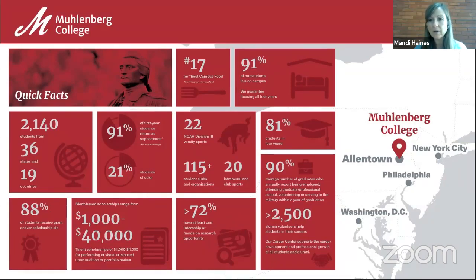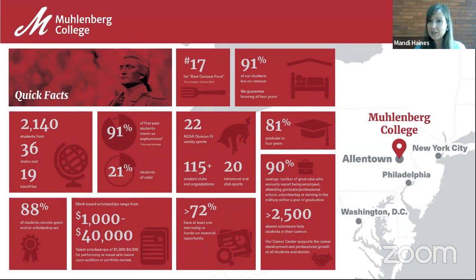Our Career Center at Muhlenberg does a lot with students to get them out into different companies, different industries, so that you can experience what it would be like to work in that field, and you can network with professionals, many of whom are Muhlenberg alums, and really get a sense of what your next step is after college.